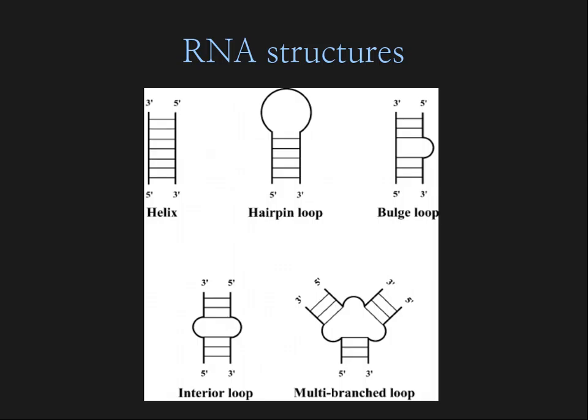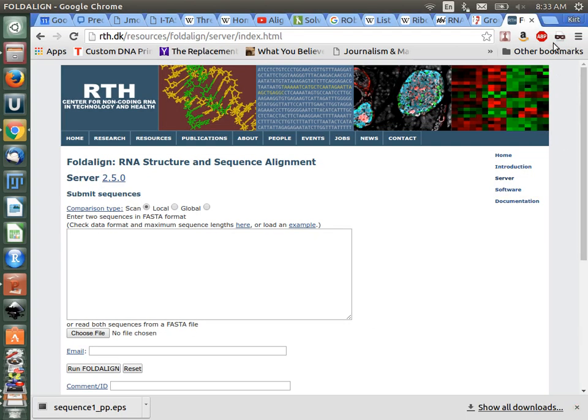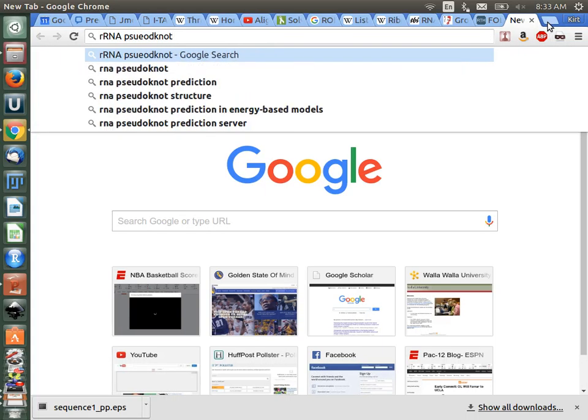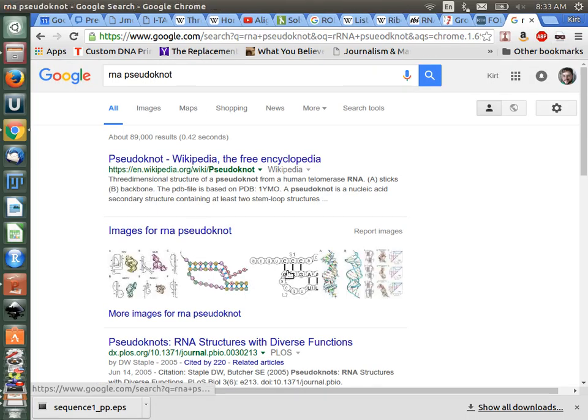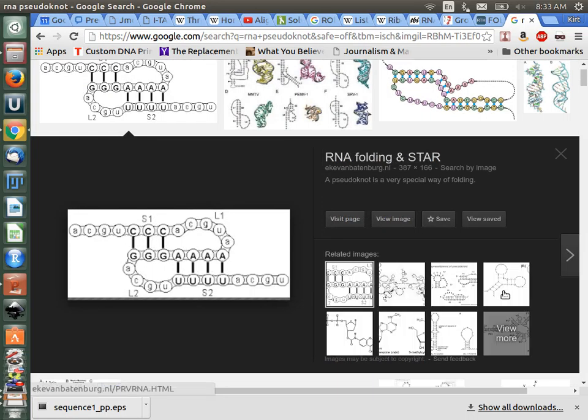Doesn't look big. Let's Google it. Ribosomal RNA pseudoknot. Here we go. I was kind of getting there.